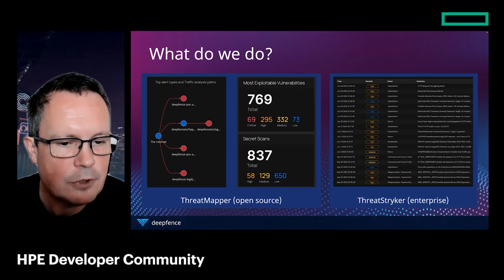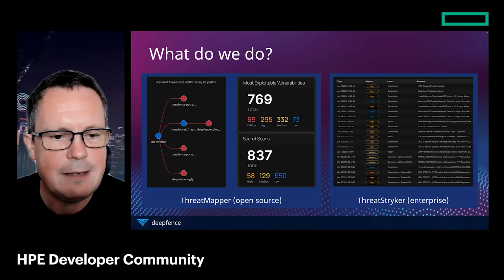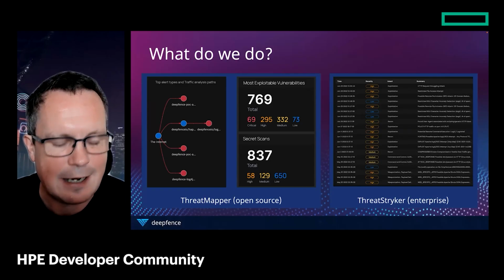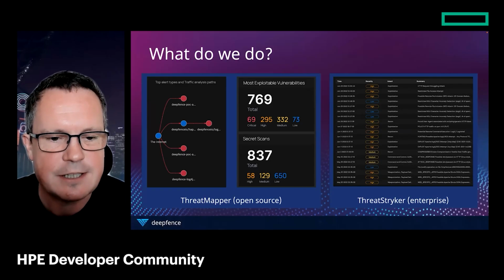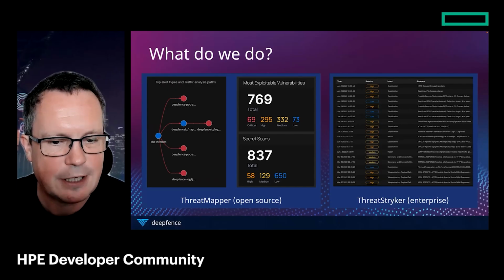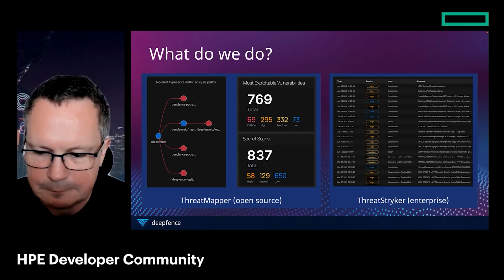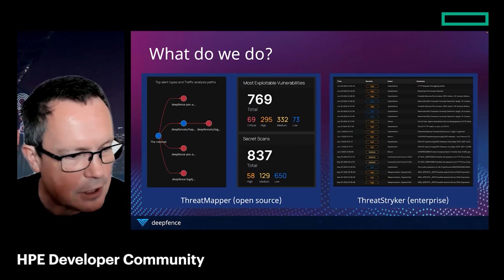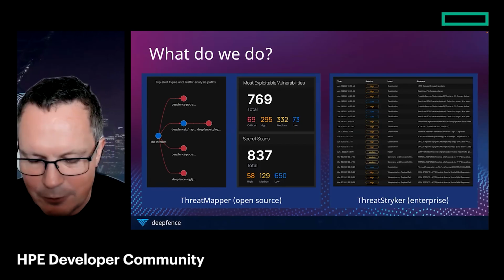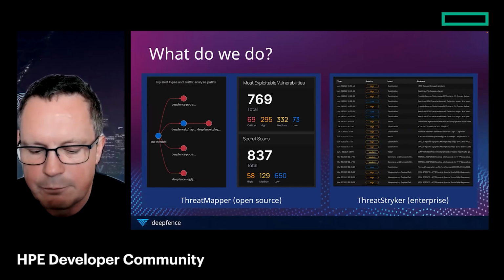As we go through, you'll see that the key visualization that we give you, the key message, is the concept of an attack path. How might an attacker locate and then exploit particular threats that we have discovered within your production infrastructure? And the enterprise product, which I shan't spend any more time on in this session, provides a second tier of protection.